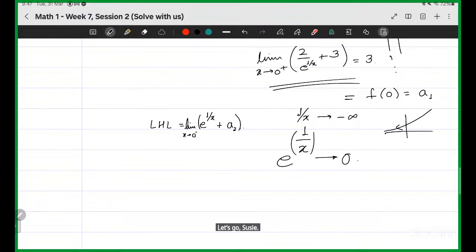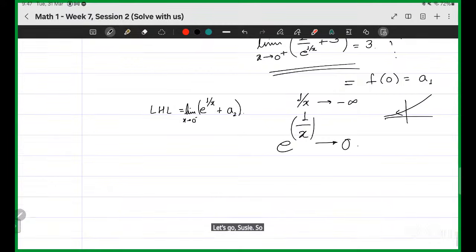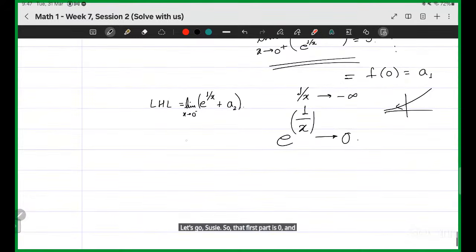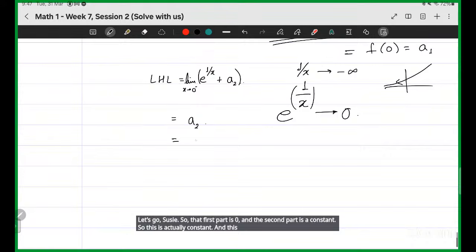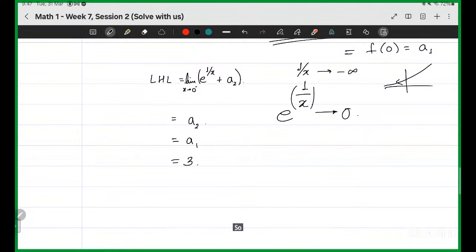This goes to 0. So that first part is 0, and the second part is a constant. So this is actually equal to a constant. And this should be equal to the RHL as well as the function value, which is A1, which is 3. So you get A1 equal to A2 equal to 3.